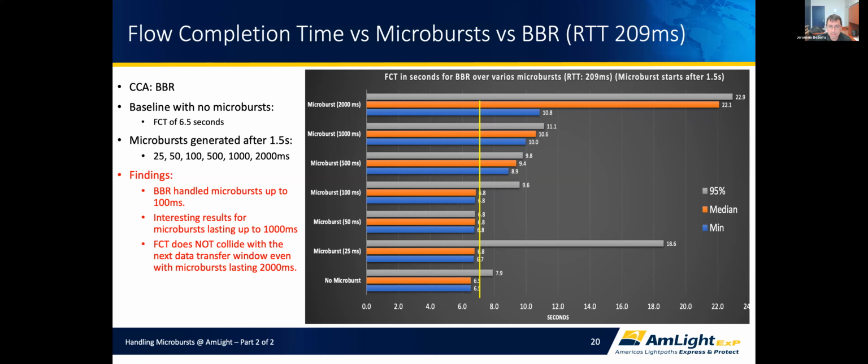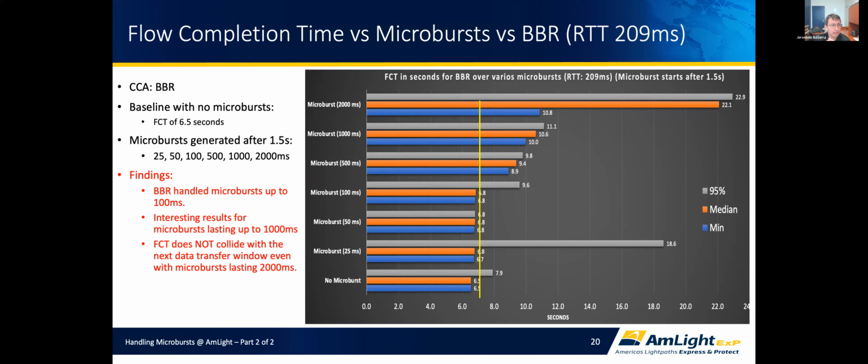After 100 milliseconds, we have 500 and 1000. They are not within the 7-second data transfer anymore, but I would say that they are kind of acceptable, right? They are not acceptable from the perspective of an SLA, but they don't go into the next data transfer window. None of them go, even the 2000 millisecond microburst here.